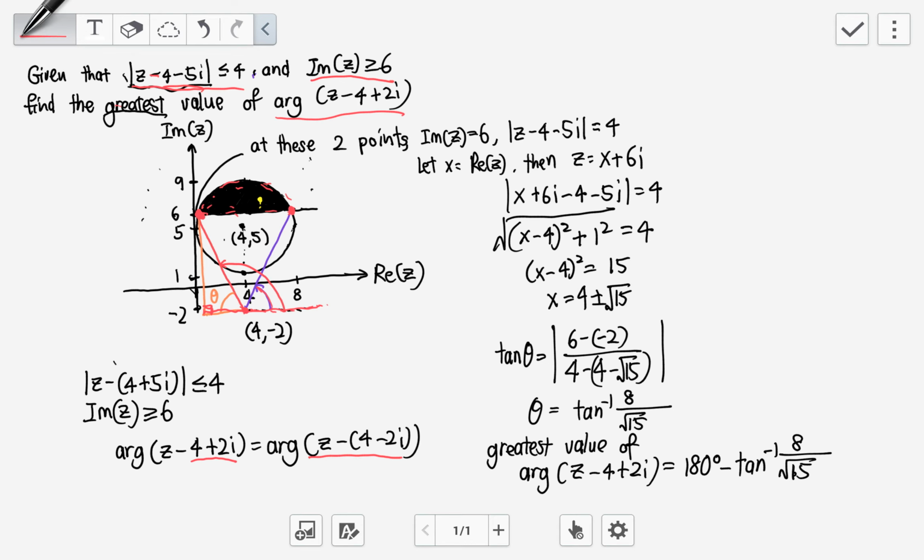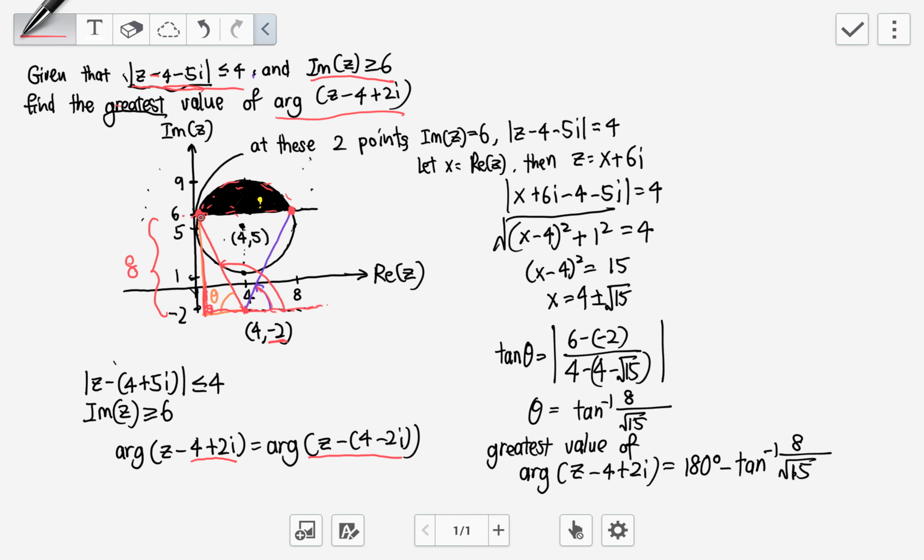One thing we know about this vertical line is that this point falls on y equals 6, or imaginary part equals 6. Therefore this vertical distance would be 6 minus 2, so it's 8. The distance here is 6 from 0 to 6, plus another 2 here, so it's 8.